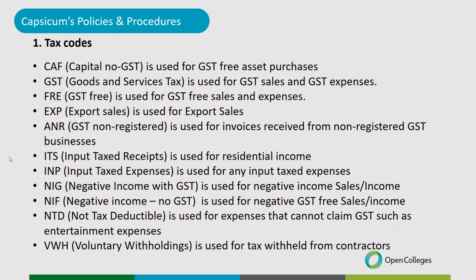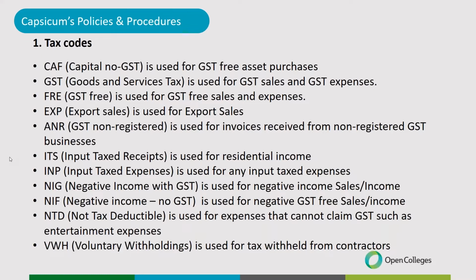So in this case, you will be using the ITS tax code, for input tax receipts. If you are spending expense to generate input tax sales, then what is input tax sales? Such as you're receiving something which is not tracking GST. For example, the business owns a rental property, so we have a tenant in there who is an individual.